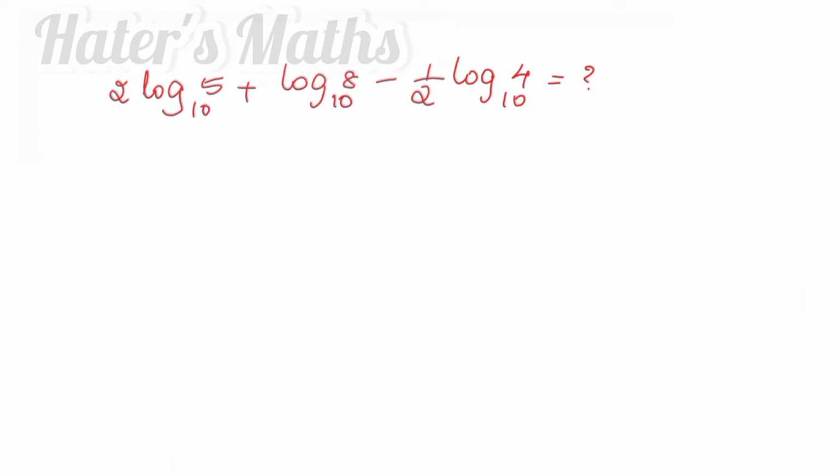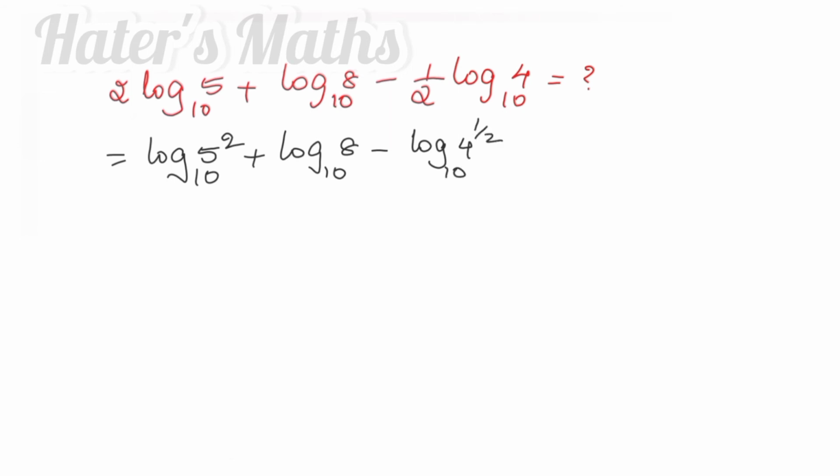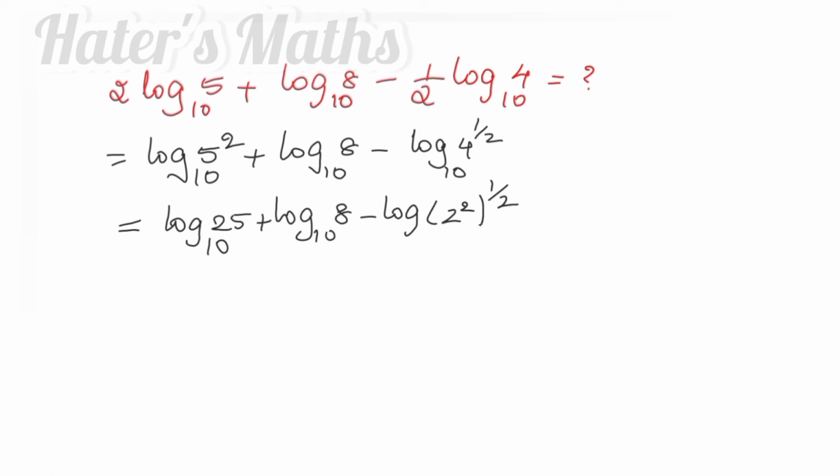Next question. 2 log 5 to the base 10 can be written as log 5 square to the base 10 plus log 8 to the base 10 minus log 4 power half to the base 10. That is equal to, 5 square means 25, log 25 to the base 10 plus log 8 to the base 10 minus, 4 means 2 square, so log 2 square whole power half to the base 10. These 2s cancel.